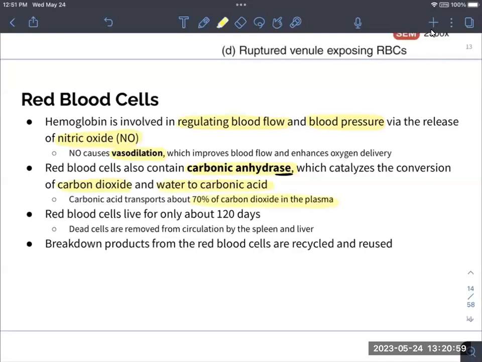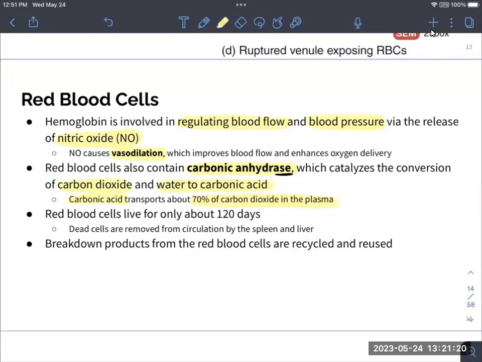We do this in the plasma, and that carbon dioxide stays in the plasma in the form of carbonic acid. So carbonic acid is an important compound found in our blood because when it gets back to the lungs, it's going to convert back to carbon dioxide for us to breathe it out.